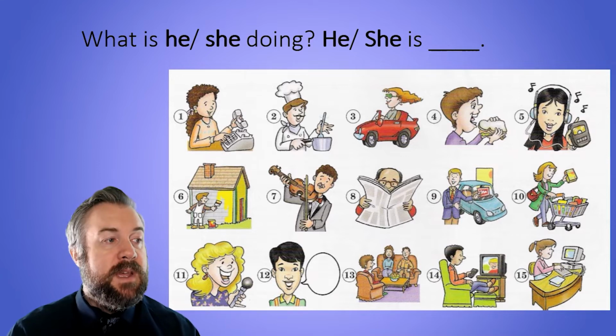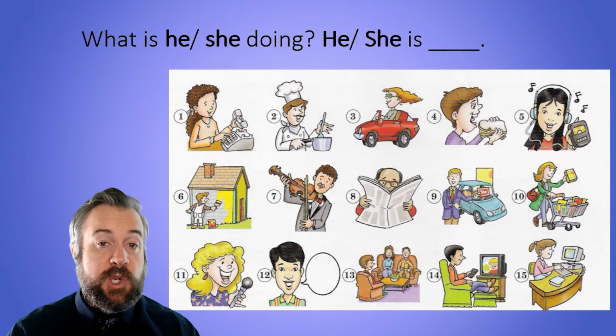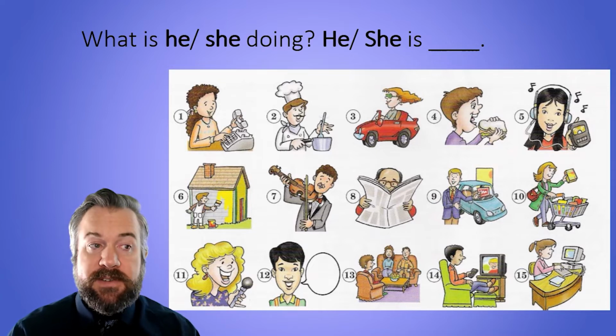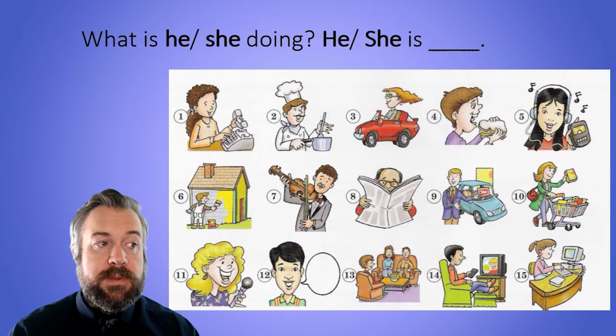Number 1, what is she doing? She is calling. That's right. Number 2, what is he doing? He is cooking. And number 3, what is she doing? She is driving.